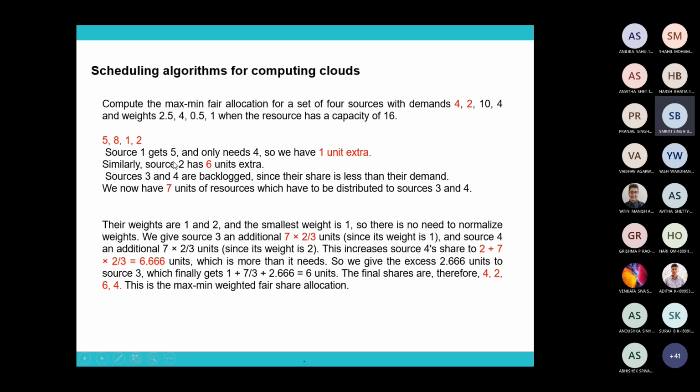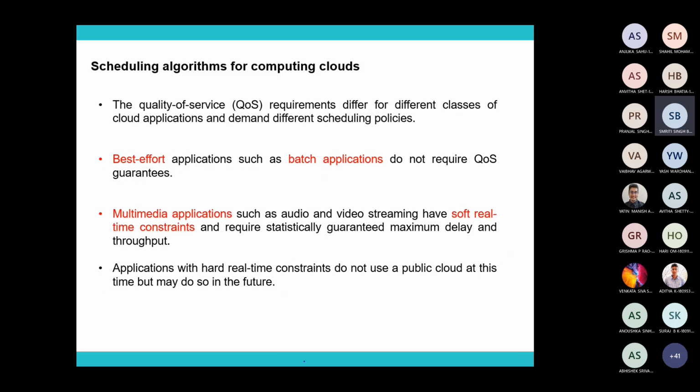So 6 plus 1, 7 extra. That 7 they are distributing among the last two. They have taken them together in this example while illustrating. But when you write it algorithmically, you will be doing it step by step. Okay, thank you, sir.